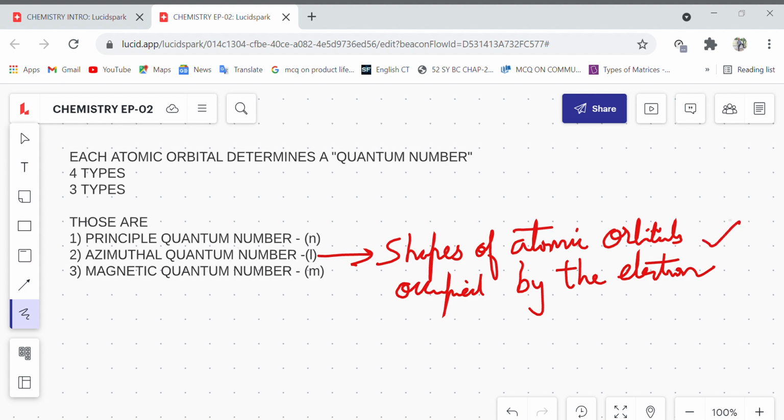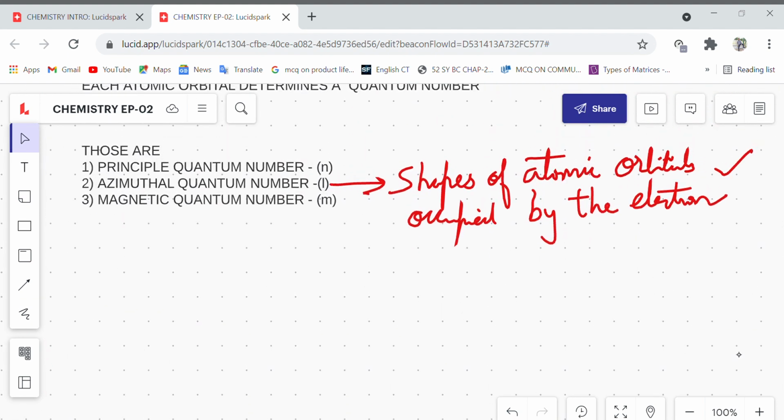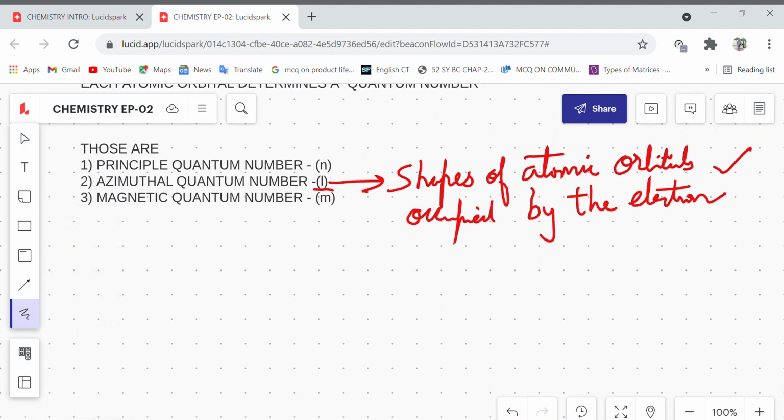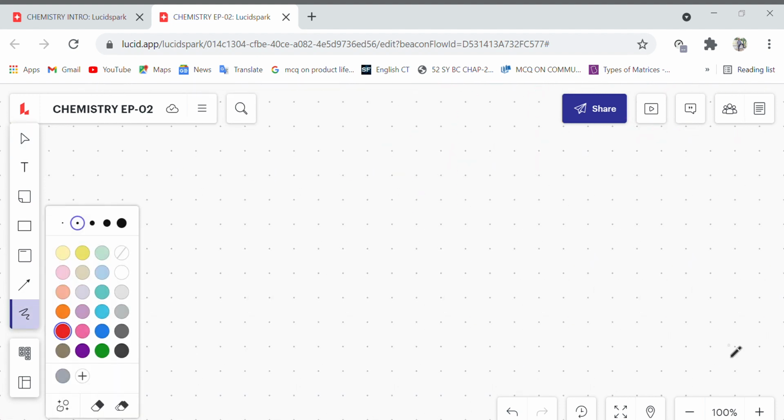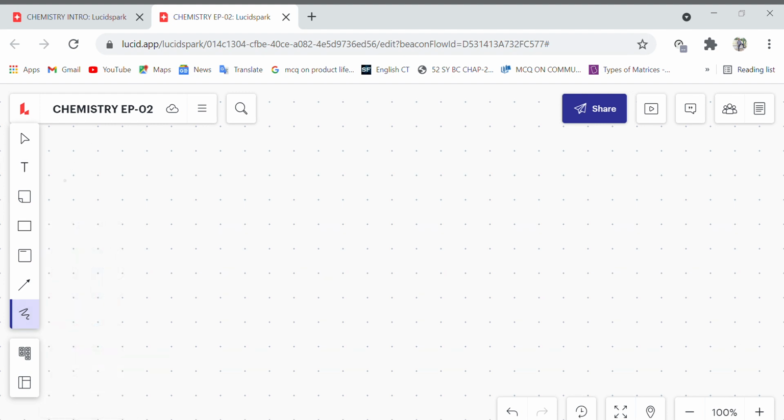Then let me tell you some of its shapes. The azimuthal quantum number is represented by L. Let me write this in purple color. When L equal to 0, it is in the S orbital.